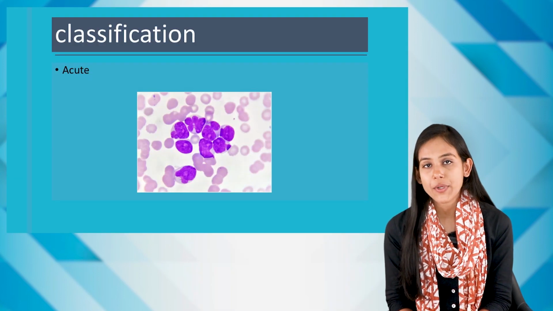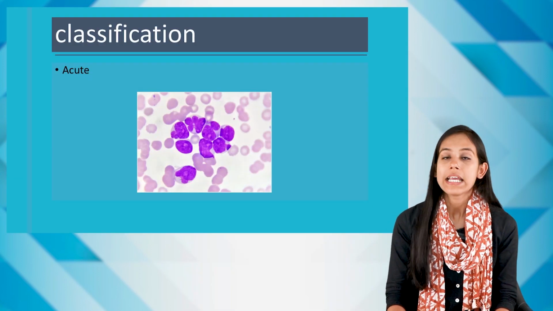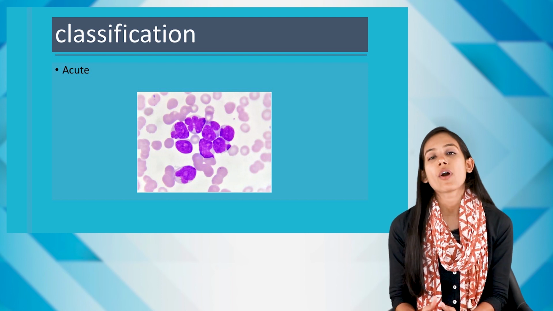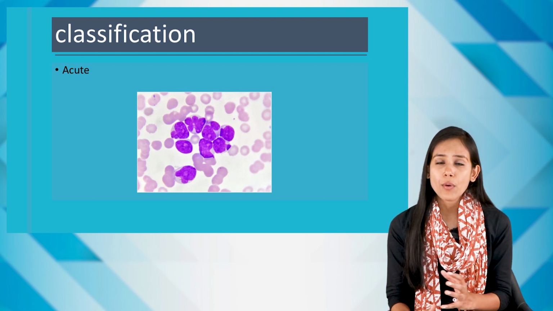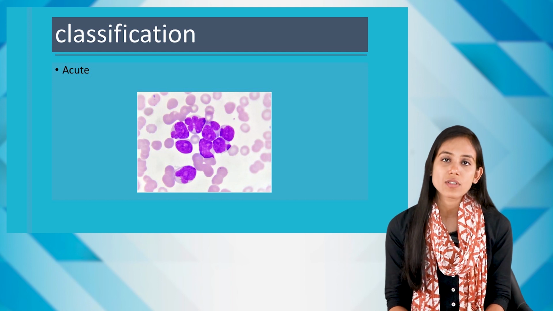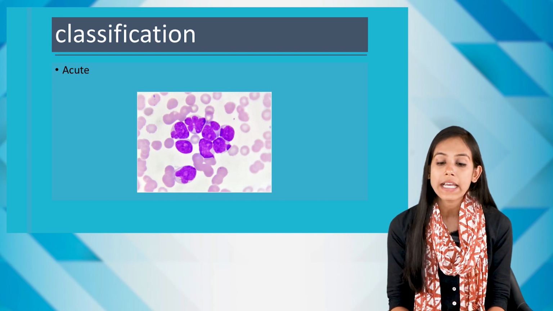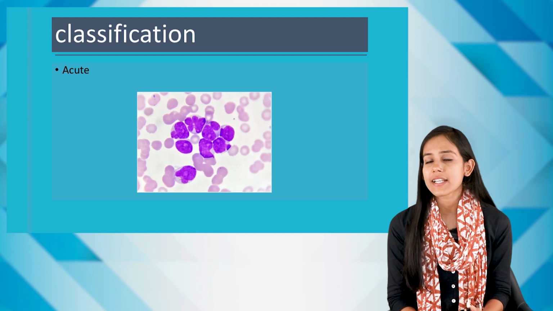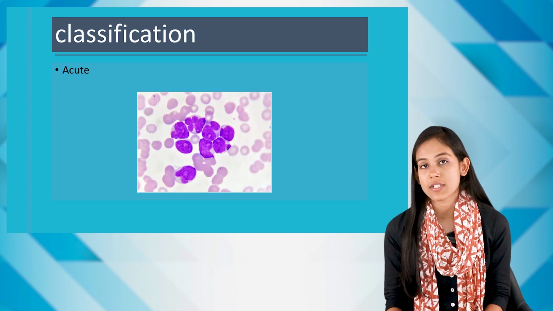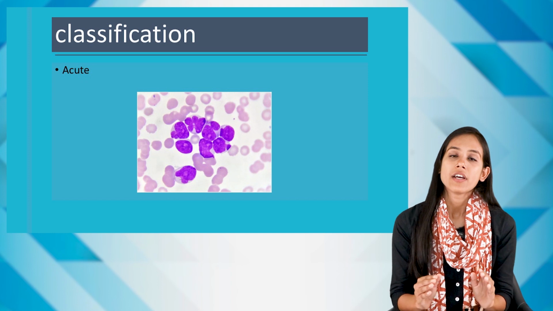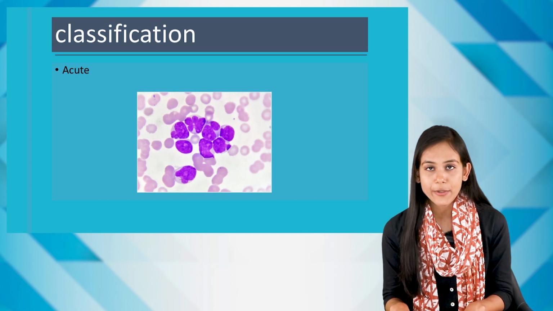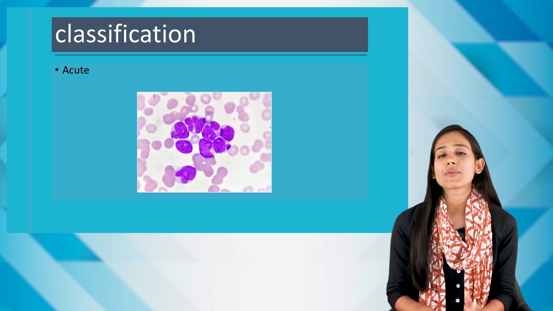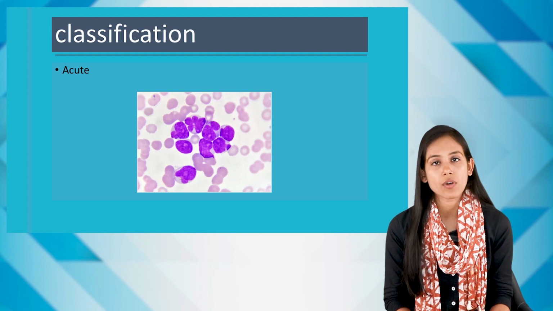So we can classify leukemia into two types, that is acute and chronic. Acute leukemia happens very suddenly. It doesn't take a prolonged time to occur. It grows very rapidly, so the cells also grow very rapidly, and it grows from the most immature cells. So if we compare acute leukemia and chronic leukemia, we can see that acute leukemia occurs from the most immature cells.